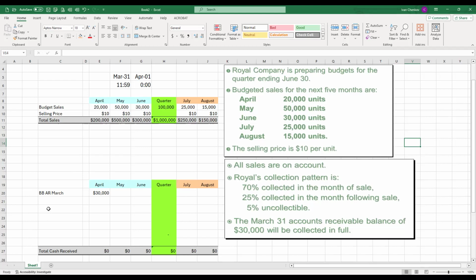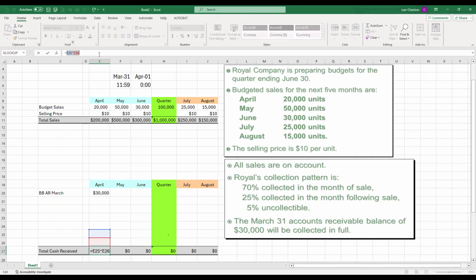Make sense? So the first thing that we're going to collect in April is our accounts receivable for March, correct? What is the next thing that we're going to collect in April? 70% for this month. 30% or 70%? 70%.